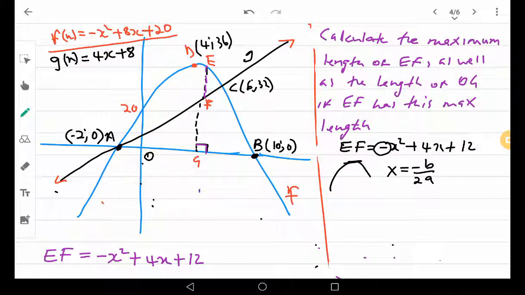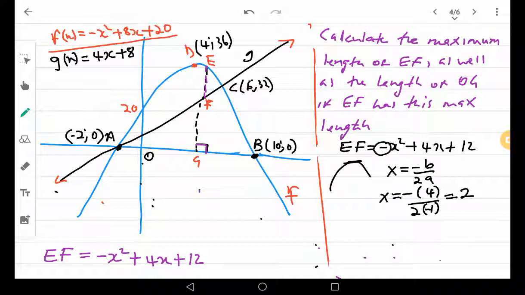So what is the x value there? x is equal to minus b, which is 4, over 2a, which is minus 1, so x is 2.